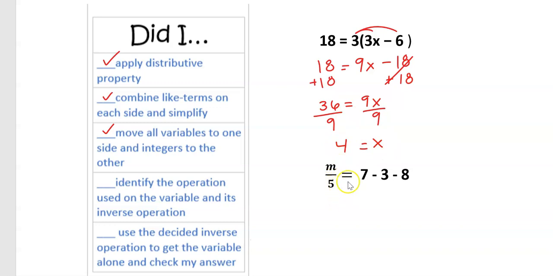Now if we plug in 4 for x in this original equation, okay, we have 12 here.